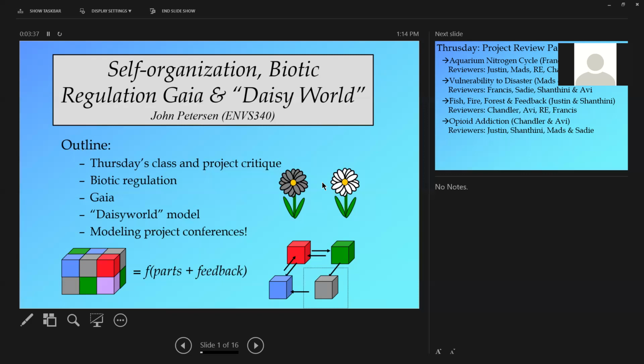And I know a lot of you have been shifting your thinking about exactly what you're doing as you go along, so I get that. And I believe, Justin, you sent out a note to your modeling evaluators that you were still working on your proposal. Is that right? Yeah. So we know that these are evolving, and feel free to reach out to people who have been assigned to review your proposal to give them a heads up if you wish.